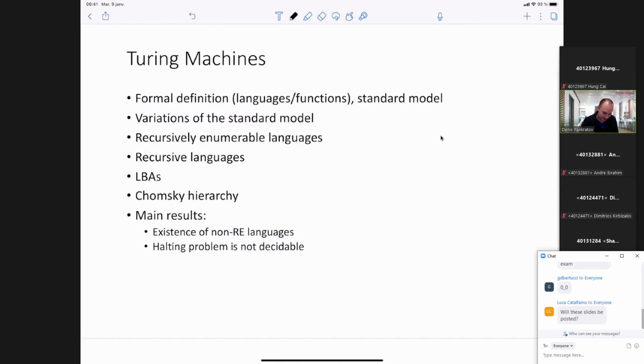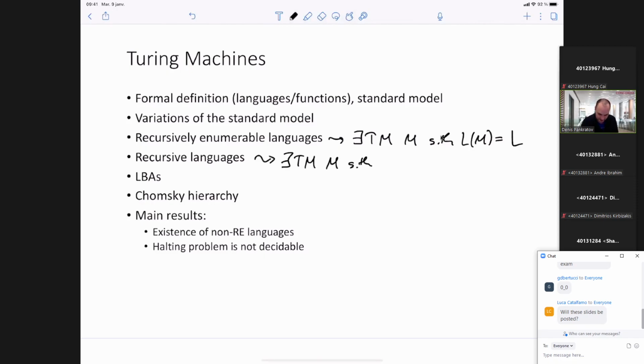Now, recursively enumerable languages, it is our standard definition of acceptance for a Turing machine. So there exists a Turing machine M such that L of M is equal to the language L. Recursive languages, it means that there exists a Turing machine M such that L of M is equal to L and M halts on all inputs.